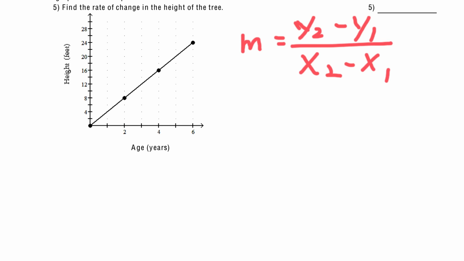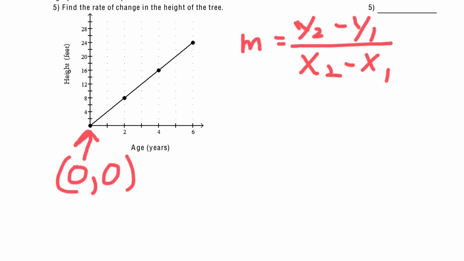Alright, and let's figure out what these points are. I don't mind using this one. So that's 0, 0. Okay, so I'll make that 1 point, 0, 0. And then I'll use this last one right there.